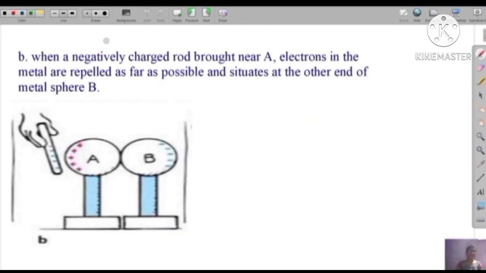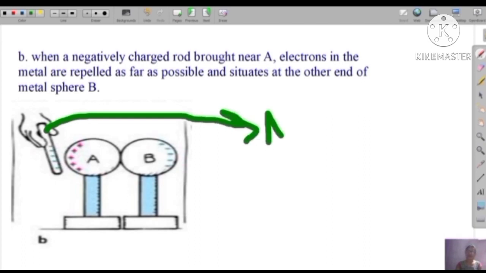The second step is when a negatively charged rod is brought near A, electrons in the metal are repelled as far as possible and situate at the other end, on the metallic sphere B. Here we are going to bring one more charged body, and this charged body is negatively charged.